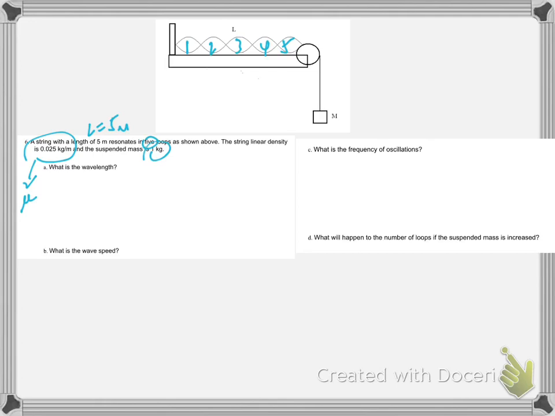Well, we can use wavelength equals 2L over N. They gave us the length. They said that was 5 meters. And now we have to count up how many humps there are, which is N, and we can see that there are 5. 5 over 5 cancels, so the wavelength here is 2 meters.